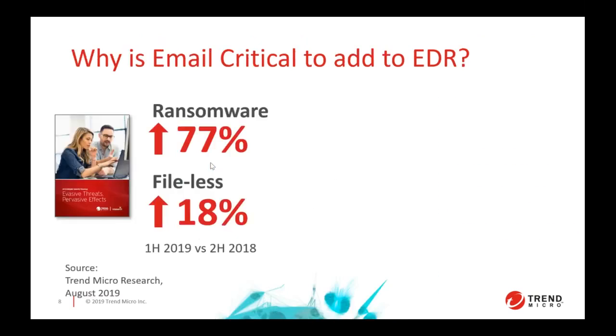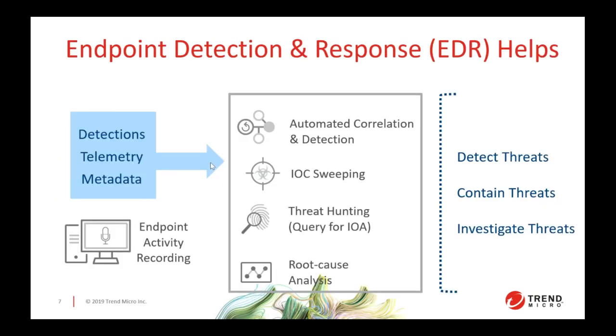And let's see how the EDR is helping. Endpoint detection and response collects the metadata, the telemetry data, and whatever is happening with the endpoint remotely, and sends it to a centralized server, either an on-premise server or on the cloud.